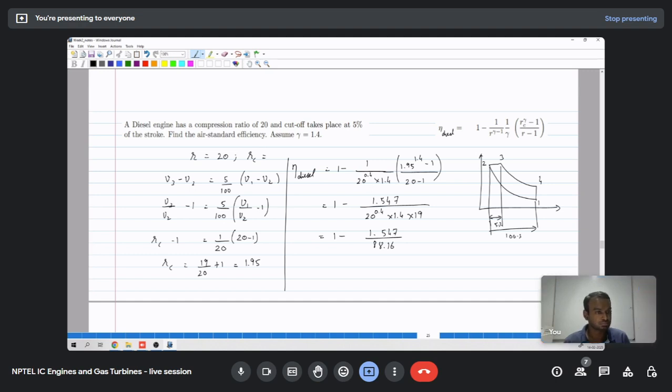Sir, there is a mistake right here. You have written V3 by V2 is equal to RC. Sorry, in the RC calculation? Yes, sir. It should be V1 by V2 on the right hand side.